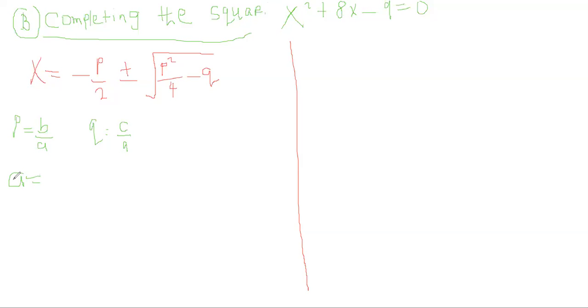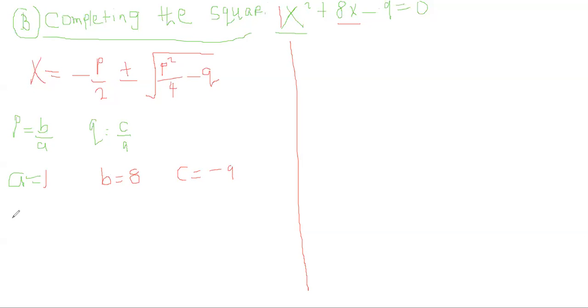A is the coefficient of the quadratic term. We don't have anything written here, but we always assume it's 1 when there is nothing written there. So this will be 1. Then B is the coefficient of the linear component, which is 8 or plus 8. And C is the constant, which is minus 9.